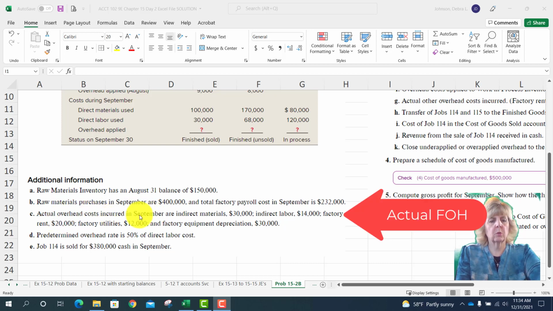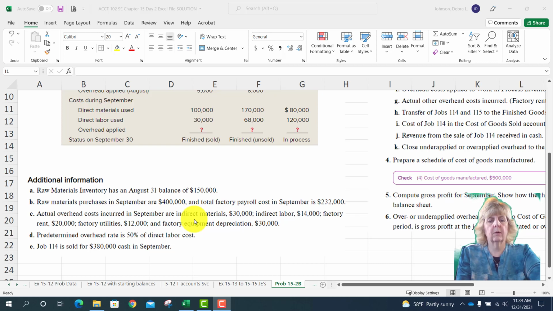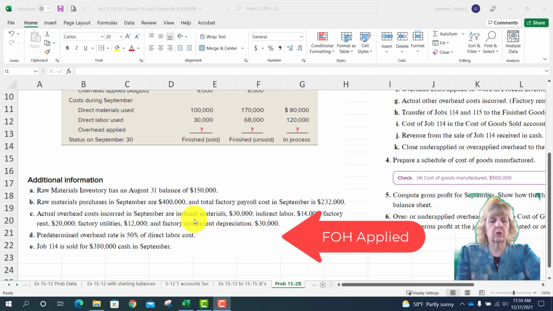Get those actual overhead costs on the debit side of the factory overhead with the related credits being charged to these other accounts. Go ahead and notate down that our overhead rate used to charge out overhead to the job cards is going to be 50%.